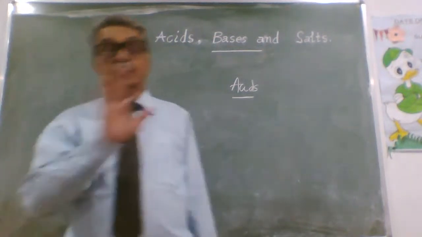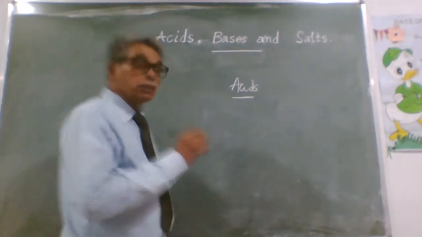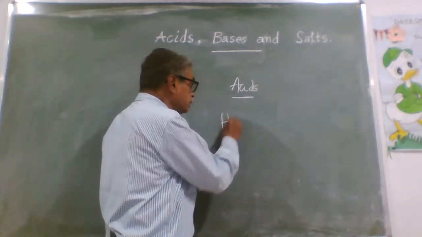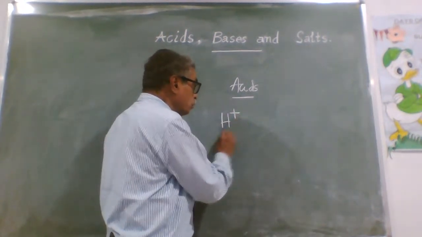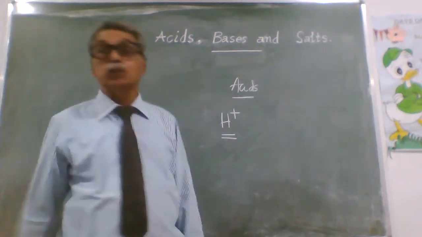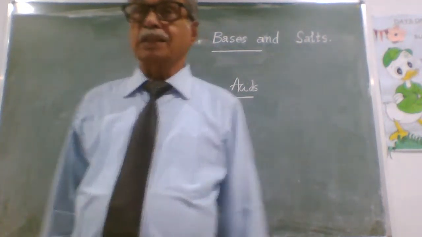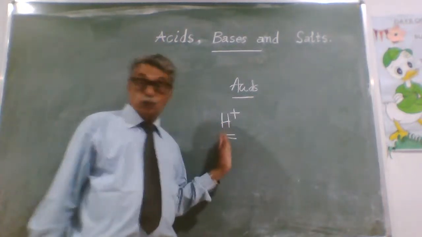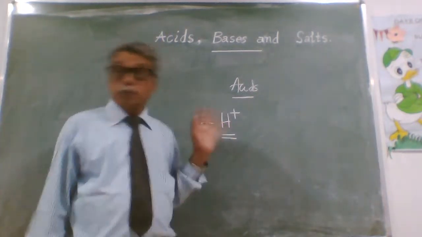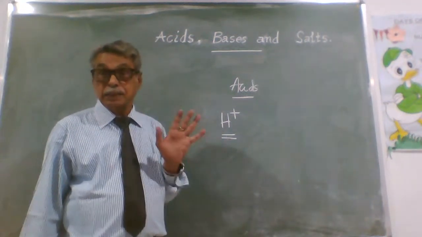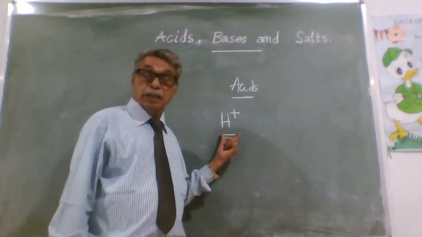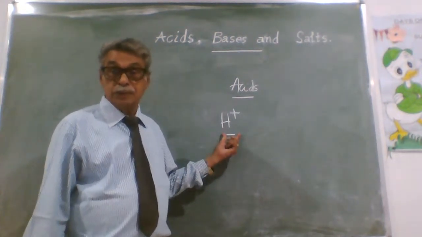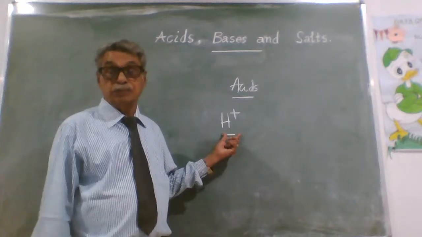An acid is defined as a substance, as a compound which contains hydrogen ions that dissolved in solution. Don't write down now, try to follow. Acid is defined as a compound that gives hydrogen ions, H plus ions, when dissolved in water.